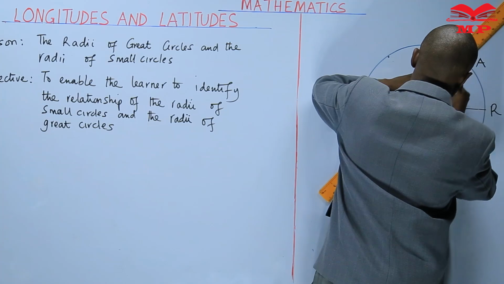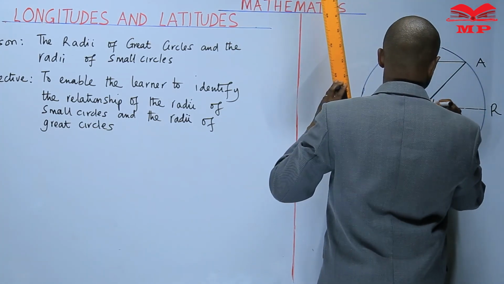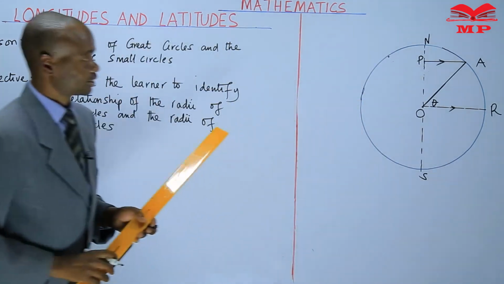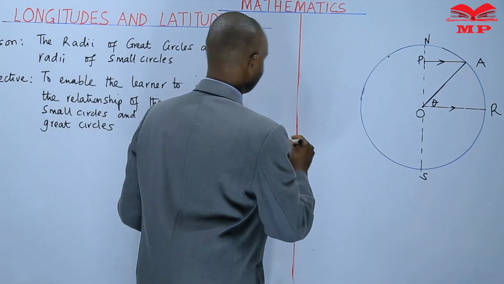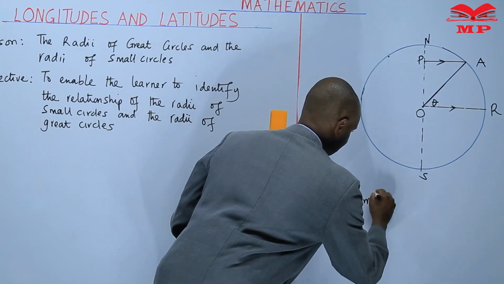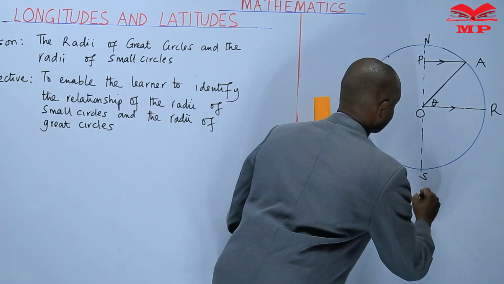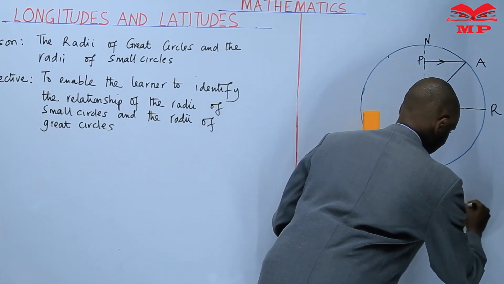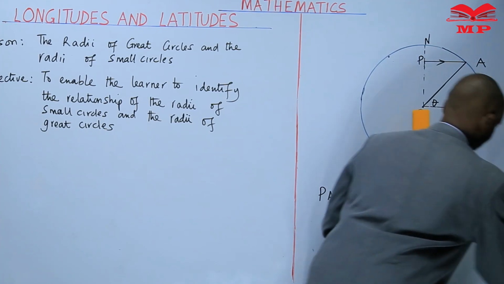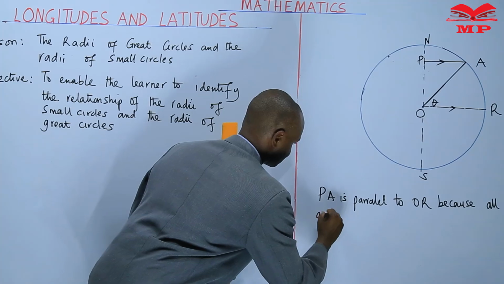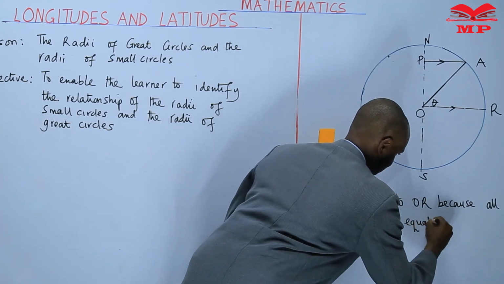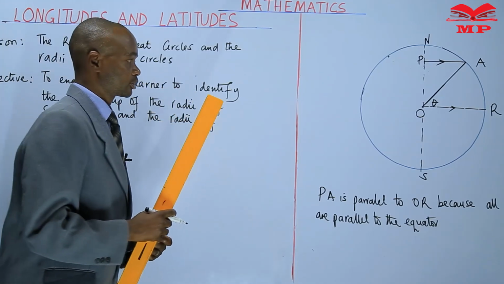In the previous lesson, we said that if you join these to O, this is the line of latitude. I call this theta. Since this latitude is parallel to the equator, learner, that latitude PA is parallel to OR, because all latitudes are parallel to the equator.